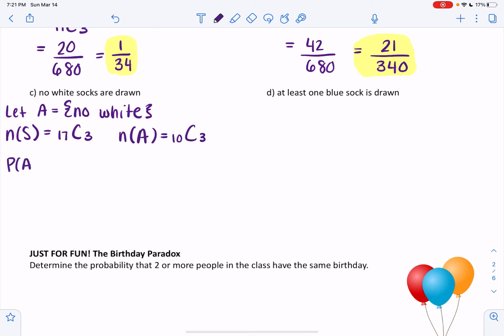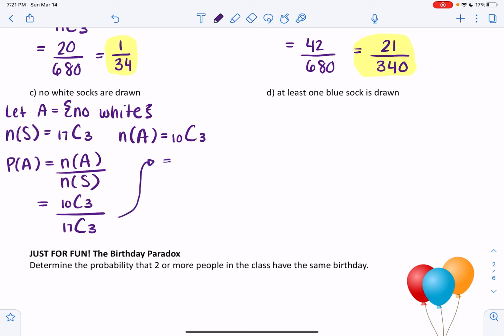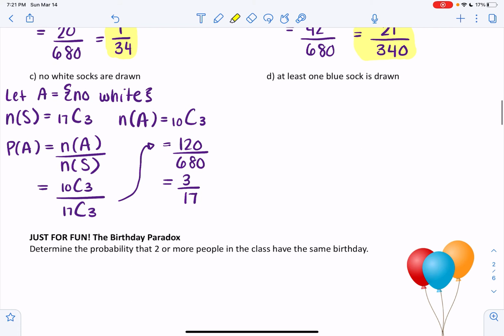So probability of event A will be number of elements in A divided by our number of elements in our sample space, which is 10 choose 3, all over 17 choose 3. And that will give us 120 all over 680, which is 3 over 17. Again, you can write that as a fraction, decimal, percent, whatever works.